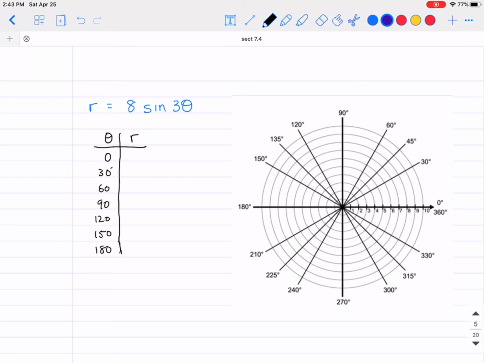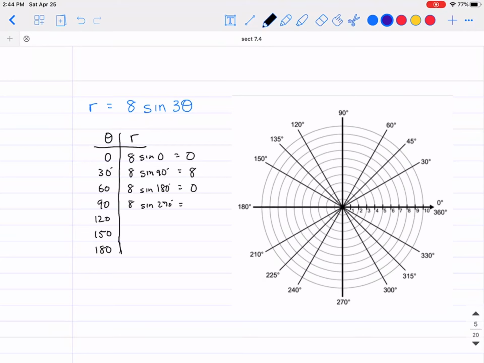Okay, so let's see. If I am doing everything correctly, then this is going to give me values of r that are either going to be equal to 0 or 8 or -8 according to what we had before. So I'm going to go ahead and plug in the first part. 0 plugged in, 8 multiplied by the sine of 0 is equal to 0. Next, 8 multiplied by the sine of 90, so that is going to give me my first 8.